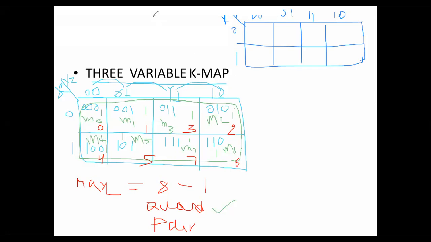Now, the quad possibilities: only adjacent ones are grouped, like a two variable K-map. So this is one possibility for quad. Next, this is another possibility for quad.